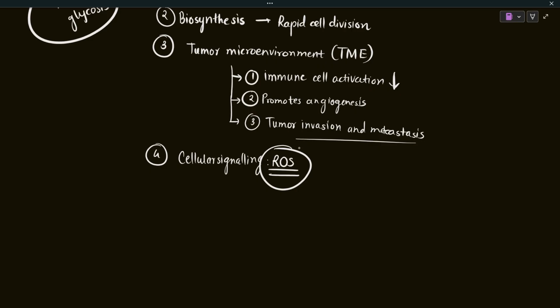Then there is the AKT mTOR pathway, the regulation of which enhances glucose uptake via the GLUT1 transporter, and this stimulates glycolysis. Then there is the P53 pathway, the tumor suppressor pathway. This suppresses glycolysis and promotes oxidative phosphorylation.